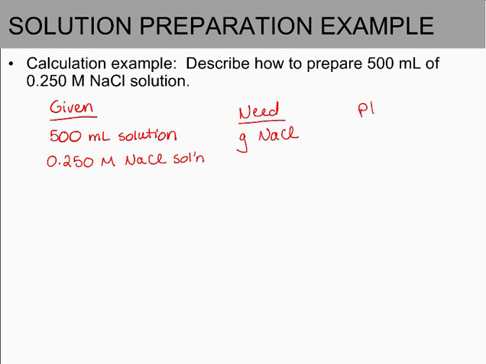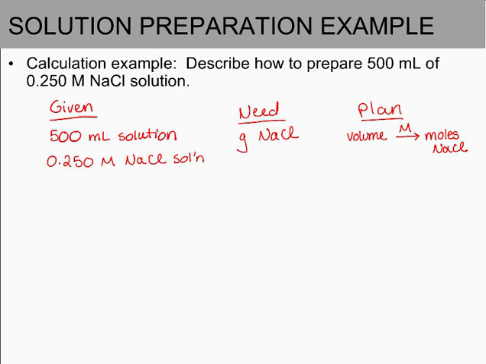So let's come up with a plan. From what we were given, we have the volume of the solution and the concentration. So volume could cancel to give us moles, right? So let's first convert the volume of solution to moles of NaCl, and we're going to use the molarity to do that because remember it's in units of moles per volume.